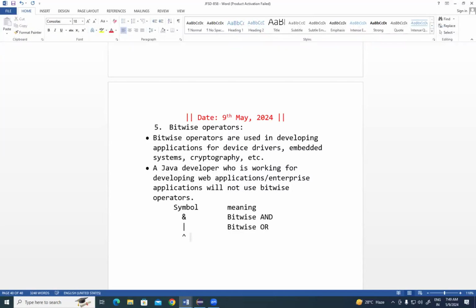Cap symbol, which is called bitwise XOR. Better to know at least the names of the operators. Two times less than, which is called left shift.